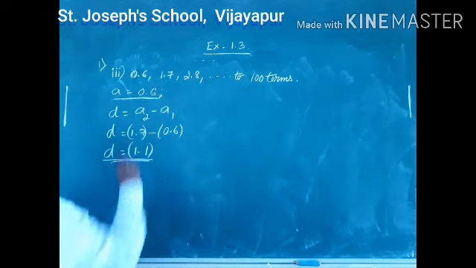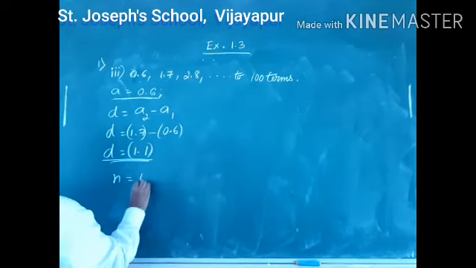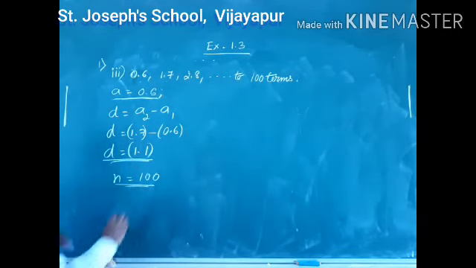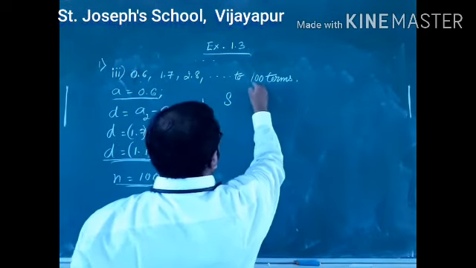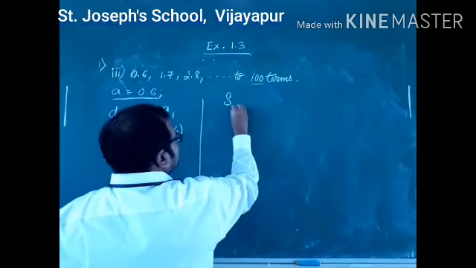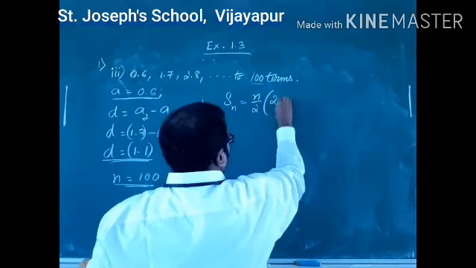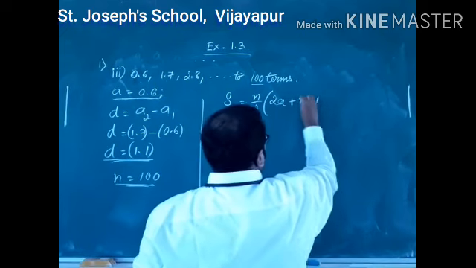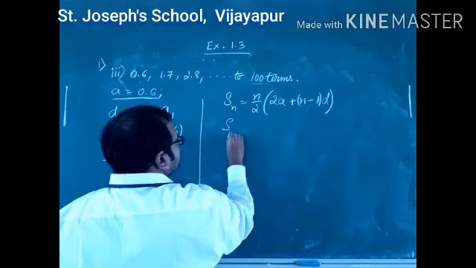We got the first term a, and it is clearly mentioned n is equal to 100. With these three given points, let us now find the sum of n terms, where n is 100. So the Sn formula, which we already know, is n by 2 into 2a plus n minus 1 into d. This formula becomes S100.